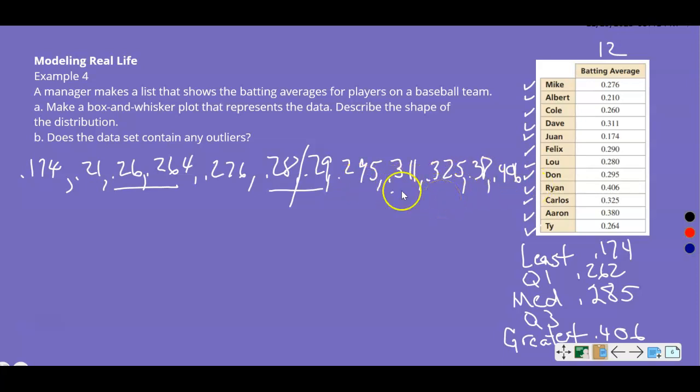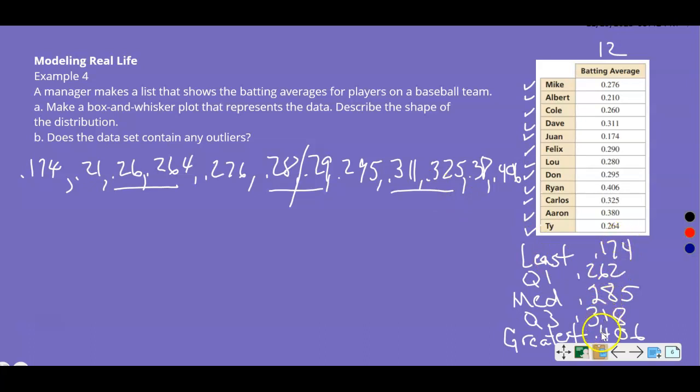So I've got to take the middle of these 2 numbers here. So take the average if you need to. Type this in your calculator, 0.311 plus 0.325. Divide that by 2. That's going to give you approximately 0.318. And 0.318 again falls halfway between these 2 numbers.